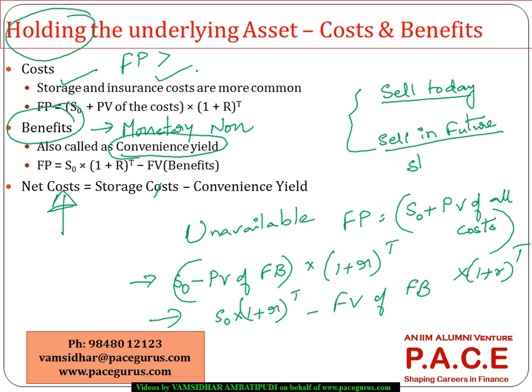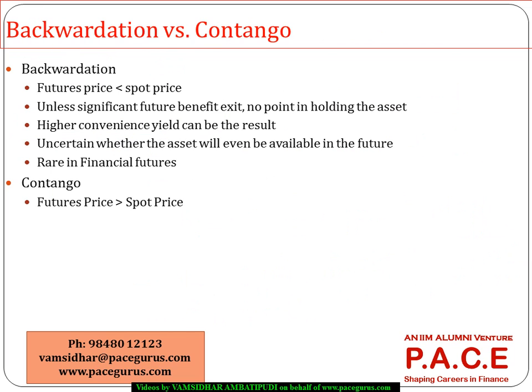Whereas when we expect that the convenience yield is more and the storage costs are lesser, probably we can expect that the futures prices would be much cheaper also. All these things we may have to consider when we are getting into the pricing of futures contracts. There are both costs as well as benefits involved in that, so we have to take both of them into consideration.